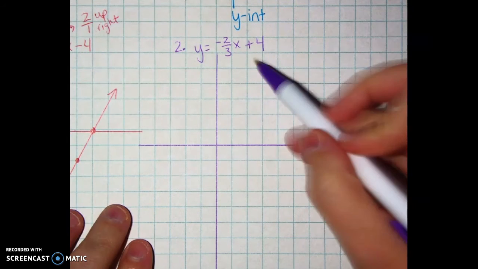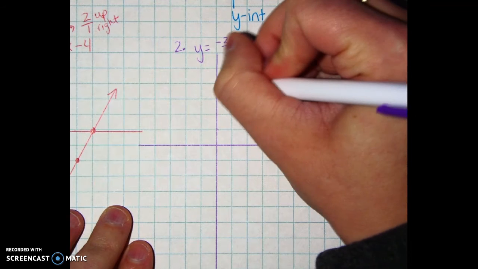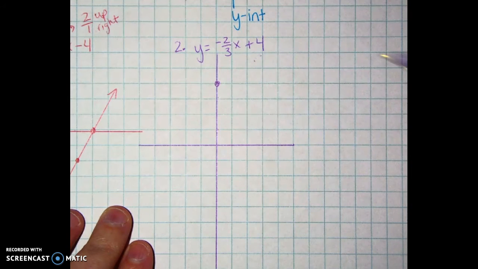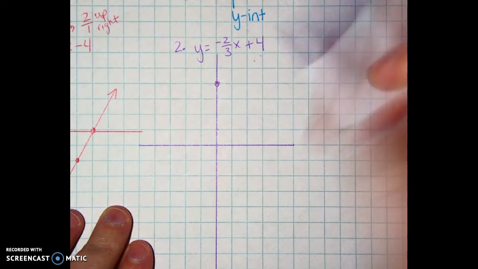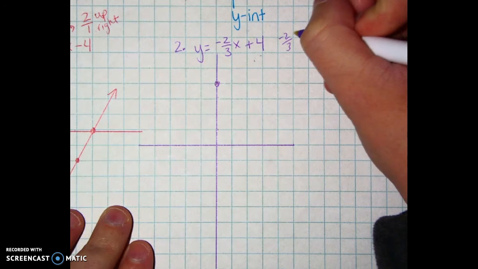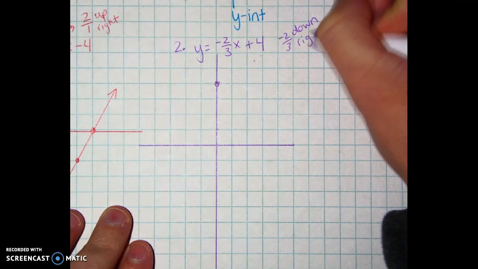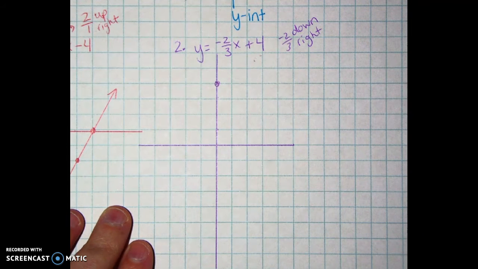Start with the y-intercept. Y-intercept is 4, so 1, 2, 3, 4. Make your dot. From there, the slope tells me I'm going down 2. So down 2, right 3.